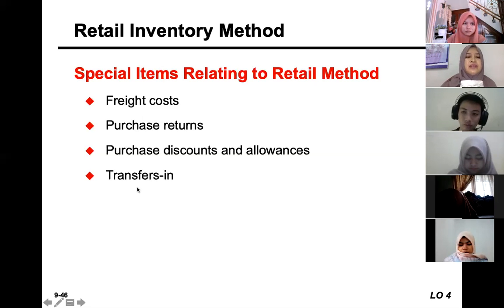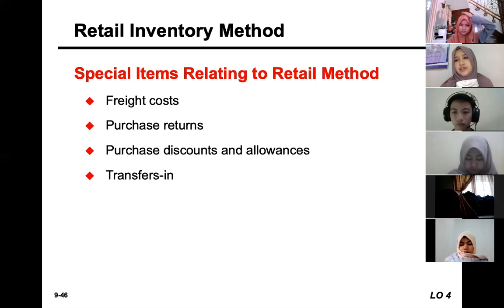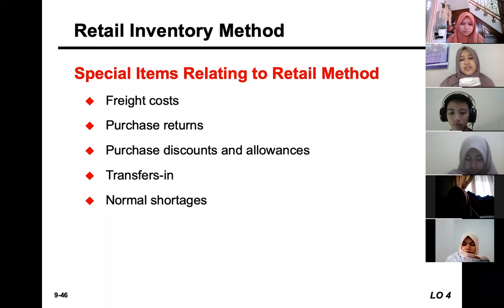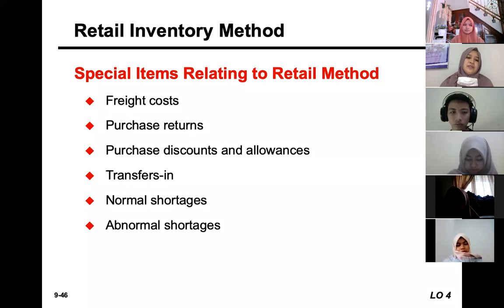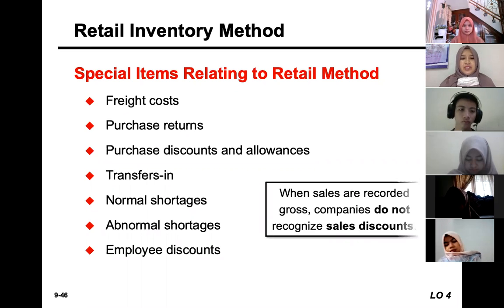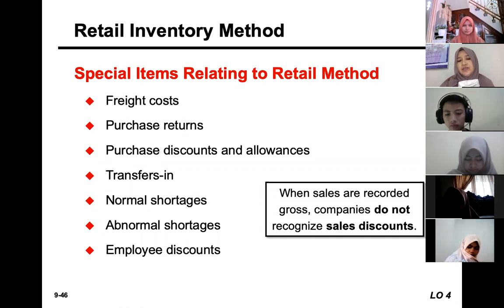So transfers in is considered like you will purchase from the outside organization, from the outside company. Okay, so it's included in the purchase amount. Okay, normal shortage we deducted just now from the goods available for sale. Abnormal shortage, and then employee discount. Sometimes the company gives discount to the employee for the goods purchased by the employee. So that one is also deducted accordingly.